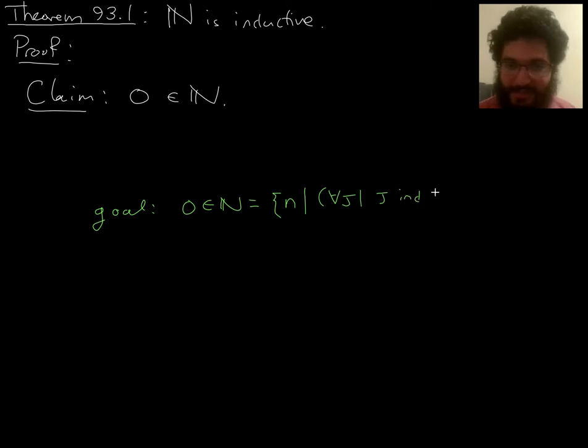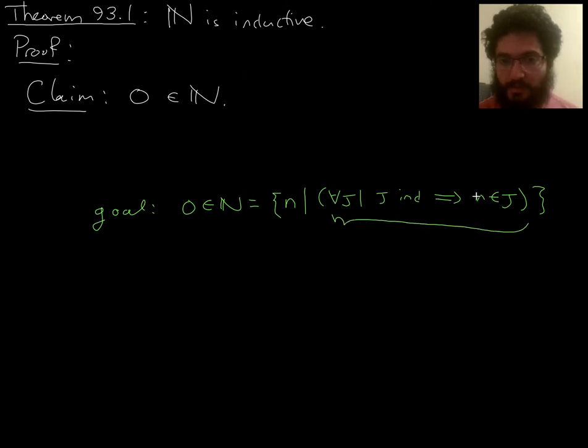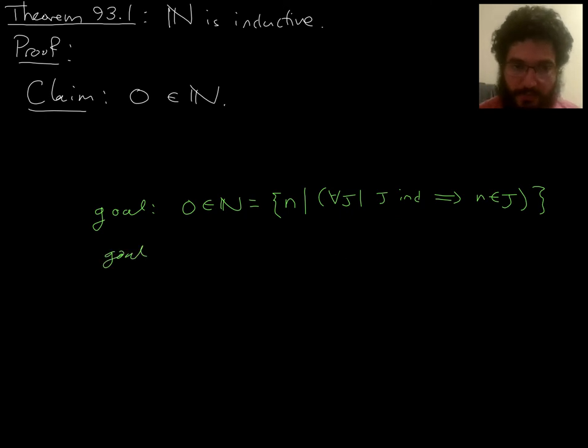That means j is inductive. For all j, if j is inductive, then n is in j. That's the membership condition. That's what n must satisfy in order to be in the set of natural numbers. I'm trying to prove that 0 is in this set. So then, by axiom 5, I'm trying to prove that this membership condition holds when I put 0 in place of n. So here's my goal, really, unpacked.